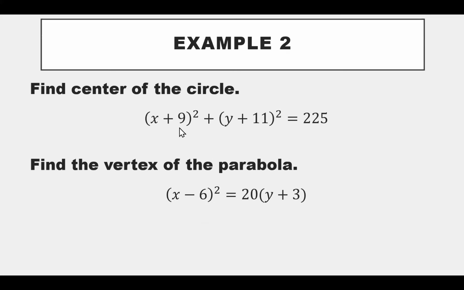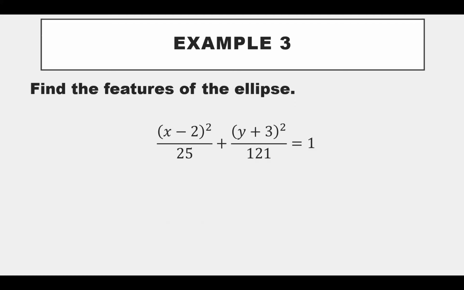Or now shifting the center of the circle 9 units to the left, 11 units down. Or doing the same, finding the features of the parabola, and now we just shift 6 units in the x direction, -3 units in the y direction.